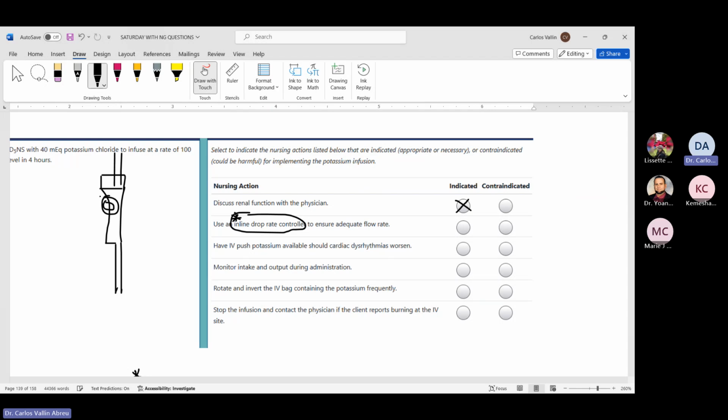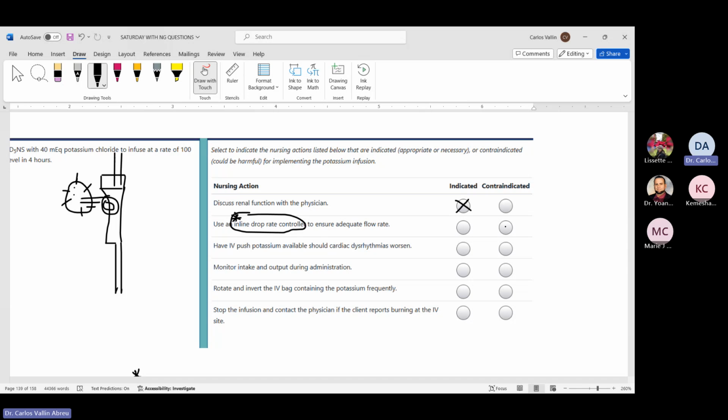There are other models. Some of them also have a wheel, but have the possibility of twisting that to select the number of drops per minute. Use of an inline drop rate controller to ensure adequate flow rate.